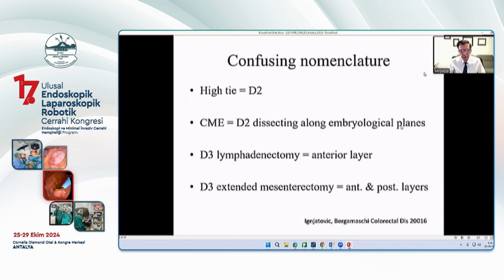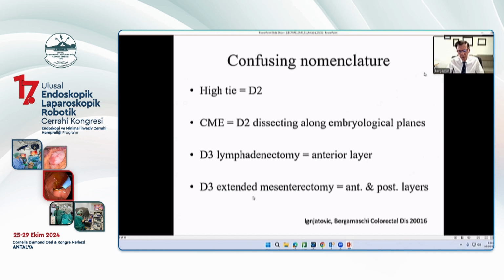What is different is that D3 lymphadenectomy is a way to push the lymphadenectomy to the left of the superior mesenteric vein, taking the anterior layer of fat that is covering the superior mesenteric vein and artery, but not going posteriorly.